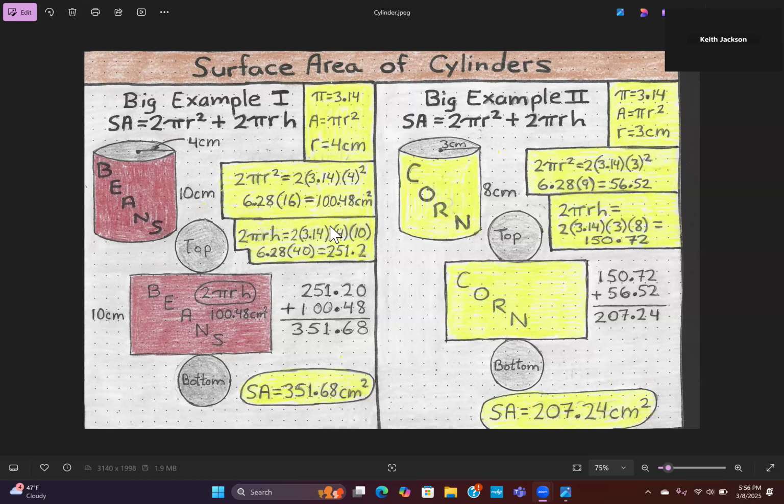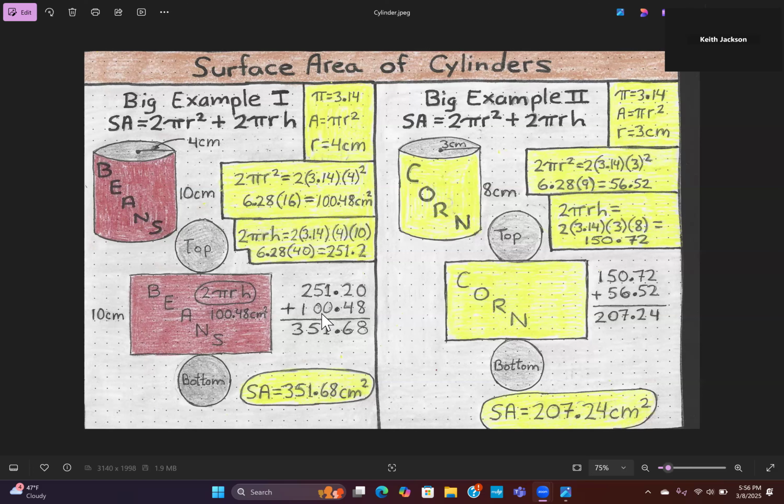We're going to add these two together: the 100.48 centimeters to the 251.2 centimeters. I should have put my centimeters squared here, but didn't have enough room, but that's okay because I remembered to put it in our answer.